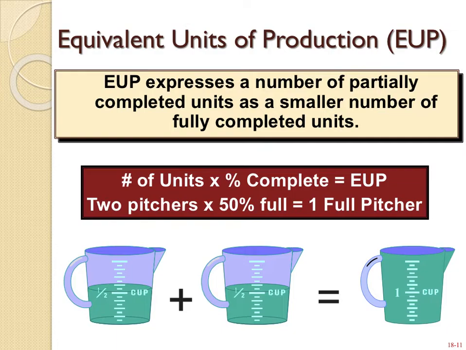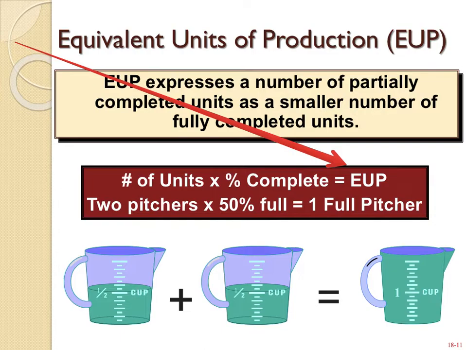So, equivalent units of production expresses a number of partially completed units as a smaller number of fully completed units. Okay? The formula to calculate that is the number of unfinished units times the percent they are completed. And that gives you your equivalent unit of production.